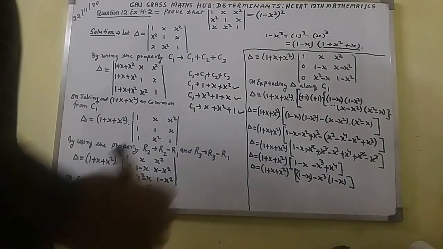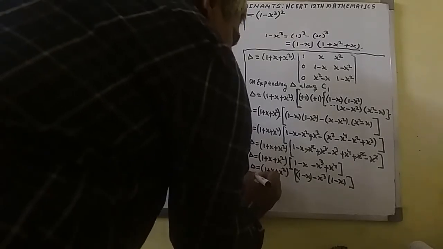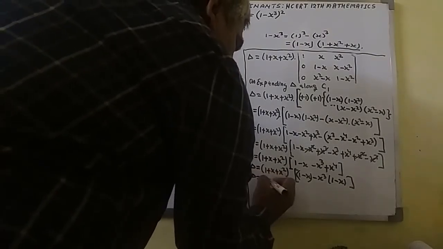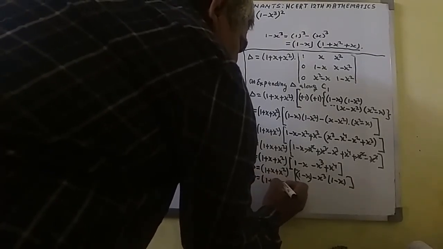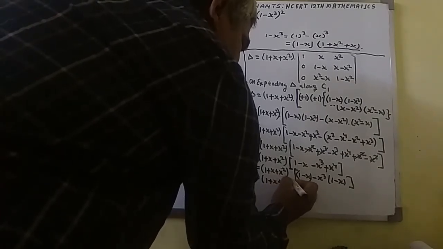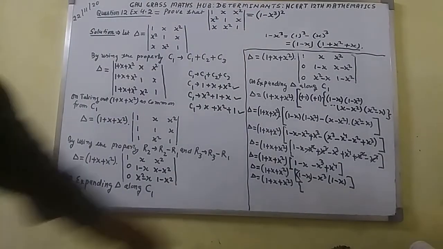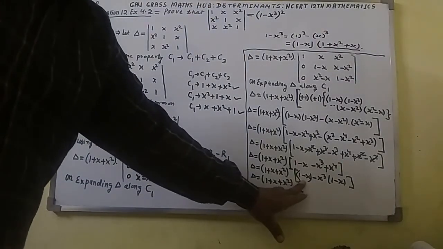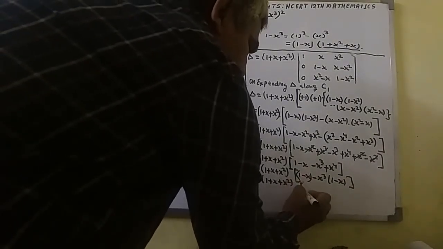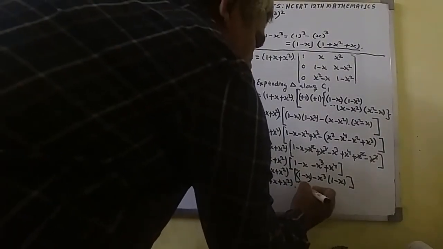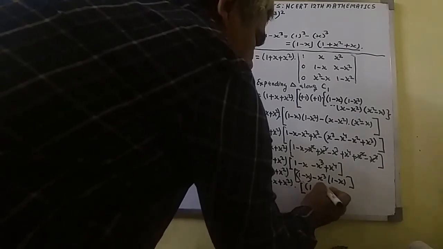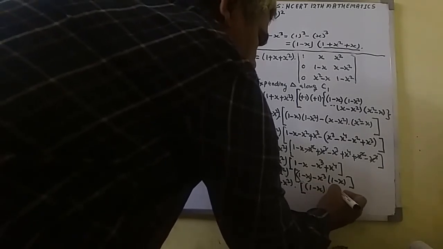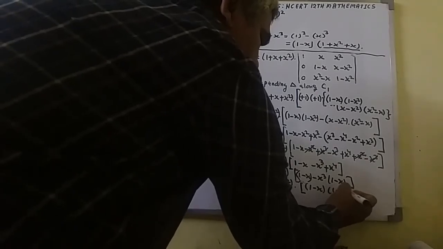So here we will get easily det equal to 1 plus x square. Again here you will get, open here square bracket. Here you will get 1 minus x in one bracket, in another bracket 1 will get, this thing will get.